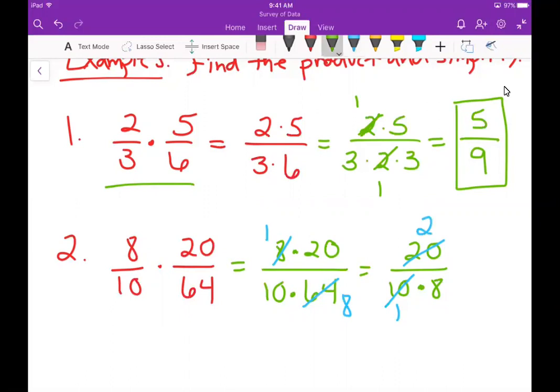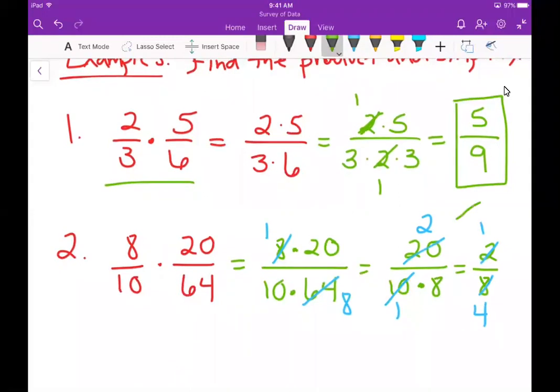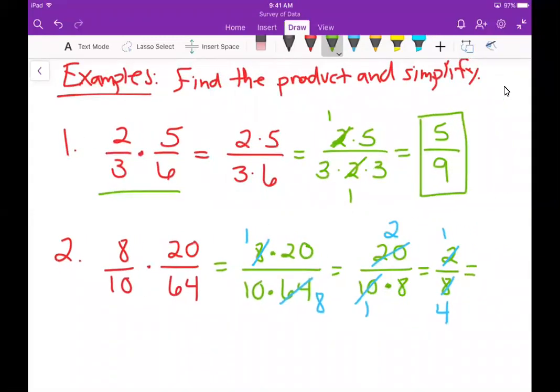So now I have 2 over 8. Is that the most simplified answer, or is there something that both of those can be divided by? And those can both be divided by 2. 2 divided by 2 is 1. 8 divided by 2 is 4. So my very final answer, when I'm all done and there's no more common factors, is 1/4.